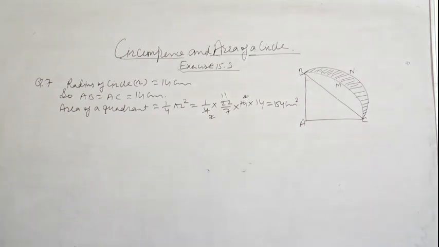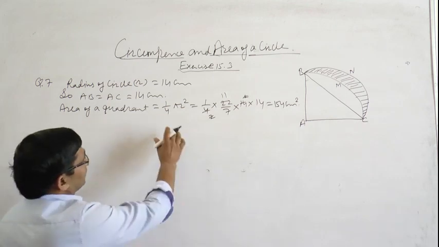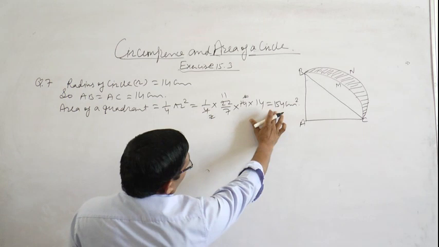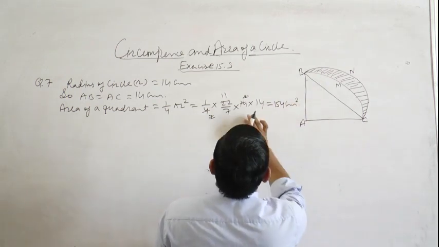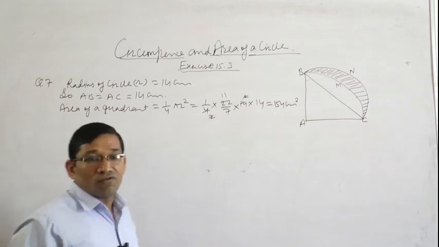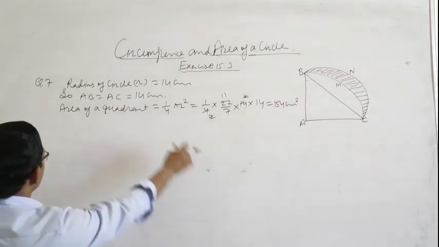This is the area of the quadrant ABMC, because the area of a quadrant is 1/4 pi r square.